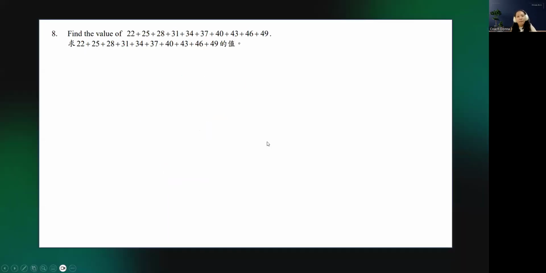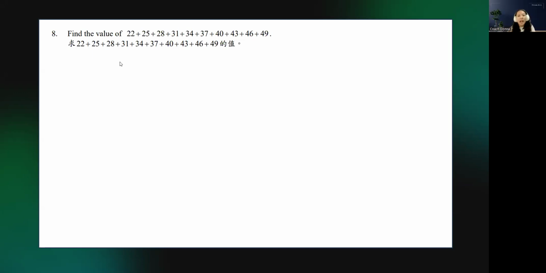For number 8, find the value of this expression right here. So we'll just have to add them. You can do this manually. 49 plus 22 times 5s. All right.